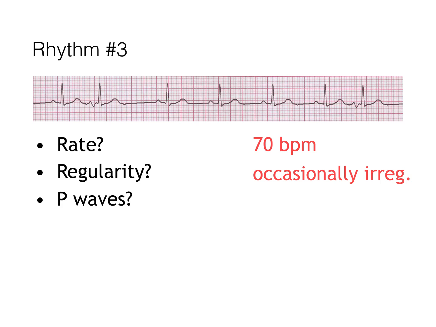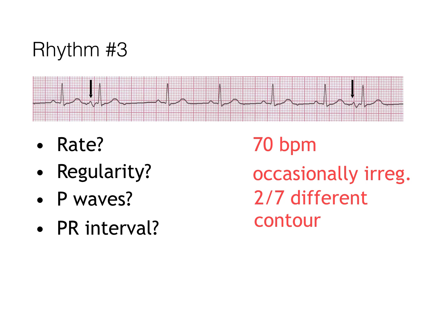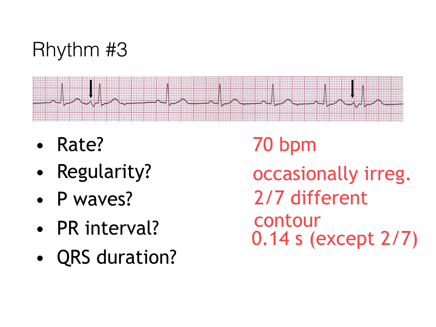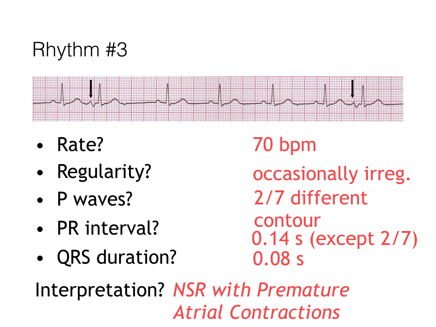We can see out of these 7 P waves, 2 are with a different contour. These two. What is the PR interval? It's about normal except for these 2 waves. QRS duration? Yes, it is normal in all leads. So the interpretation: this is normal sinus rhythm with premature atrial contraction.